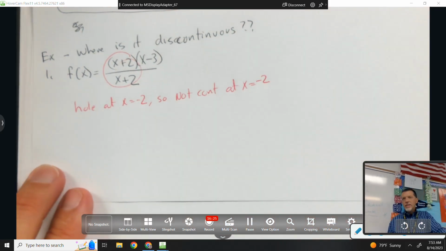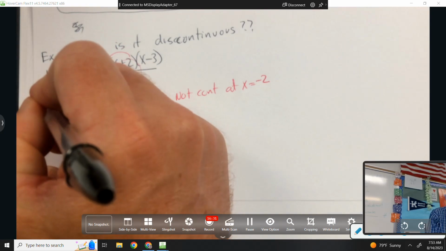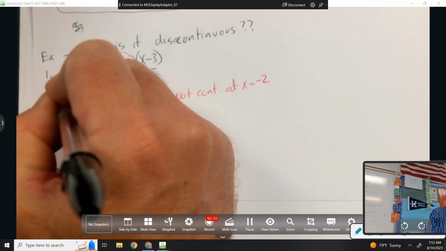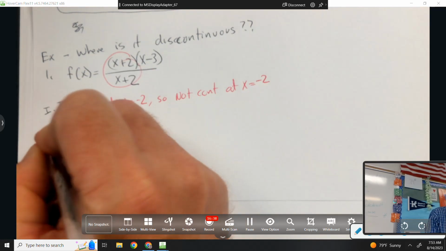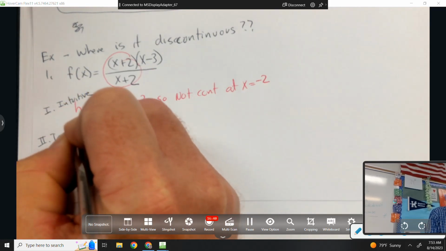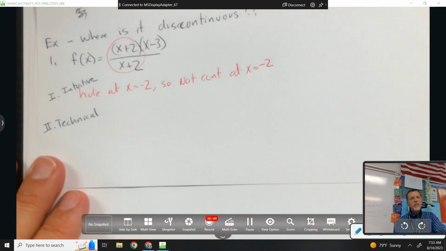That's sort of the type 1 answer, the intuitive answer, the not very formal answer. And again, depending on the question, that might be fine. But let's also look at the technical definition and see if we can figure out how this breaks down on the technical side. So yes, there's a hole there.